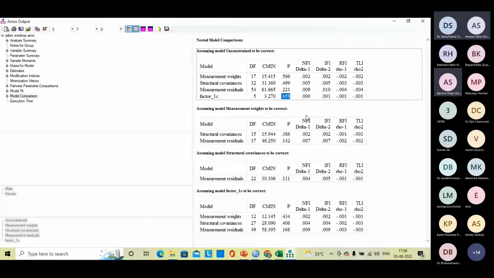If I forcefully constrain the 5 indicators measuring factor 1 to be equal for male and female, the rest of the 4 factors make no significant difference, because all the p values are more than 0.05.